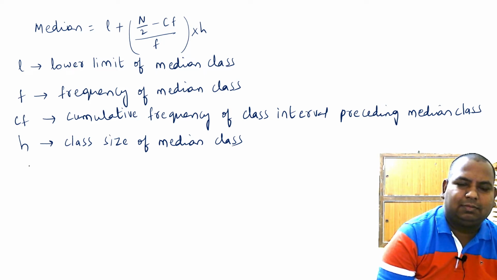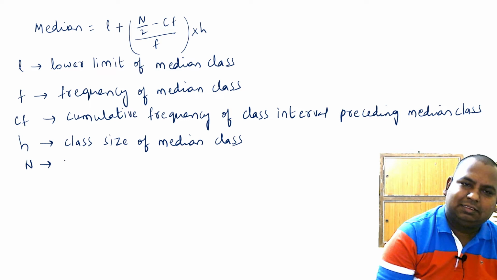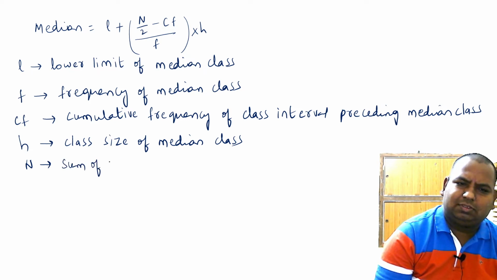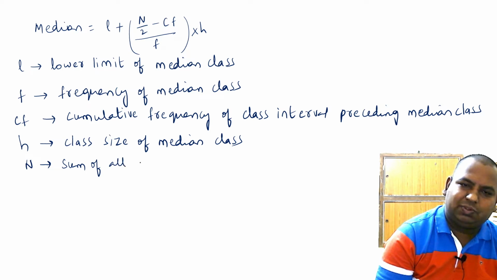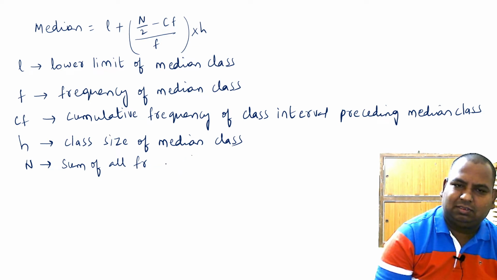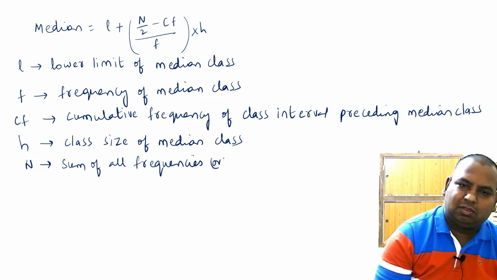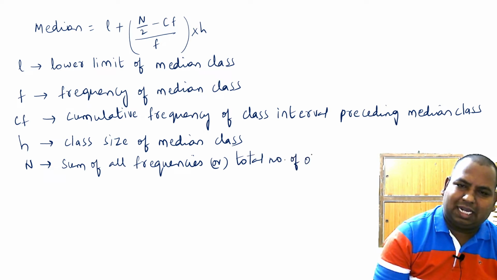Next, what is n here? n is the sum of all frequencies, or you can say the total number of observations. Sum of all frequencies or total number of observations, both are acceptable.